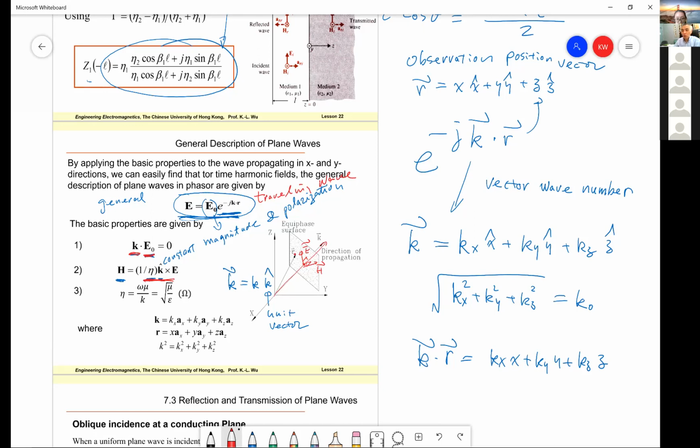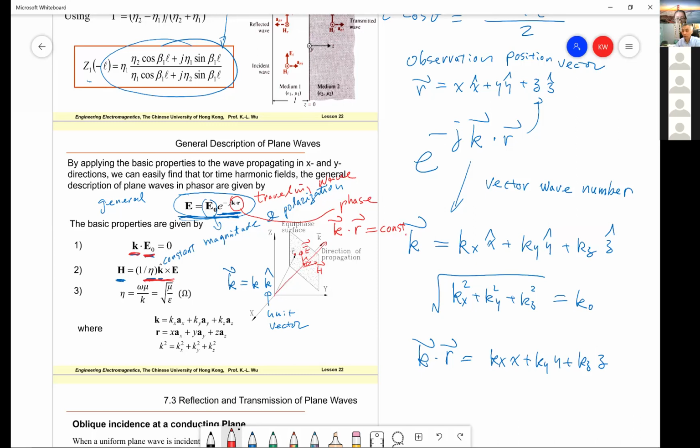Then why do we call it a plane wave? This is the phase term: K is a vector, R is a position vector, and K dot R equals a constant. Check what you learned in three-dimensional geometry.